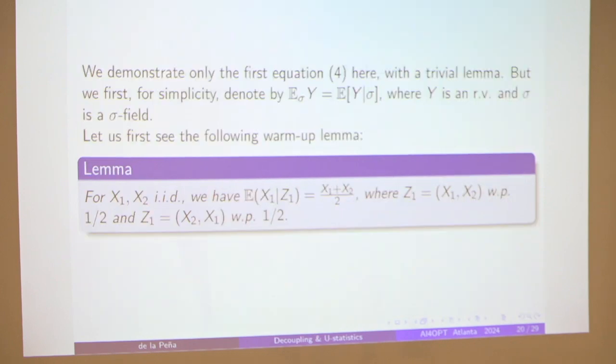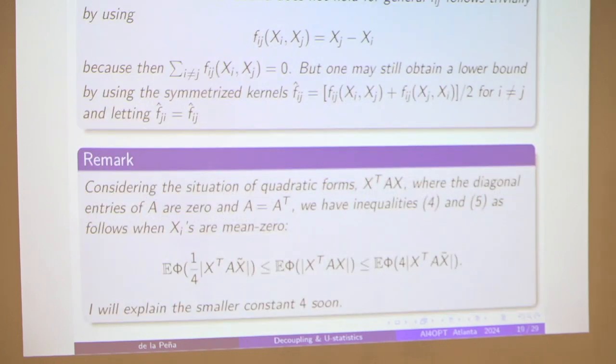I'll show you the proof. Okay, so let's go to the next thing. These inequalities hold for any convex functions and any mean zero variables. But what we do is we don't assume mean zero.